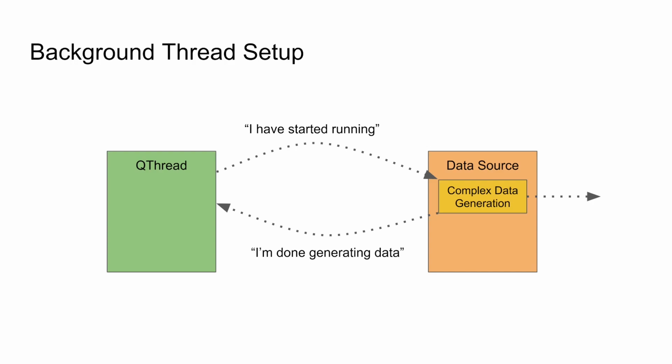If the data source is done, we could optionally close or kill the thread so it stops running. In that case, we could have another signal from the data source communicating or emitting that information to the thread handle. And there's a couple other signals that we'll see as we start modifying the code. So let's dive into the code and see what has to be done.